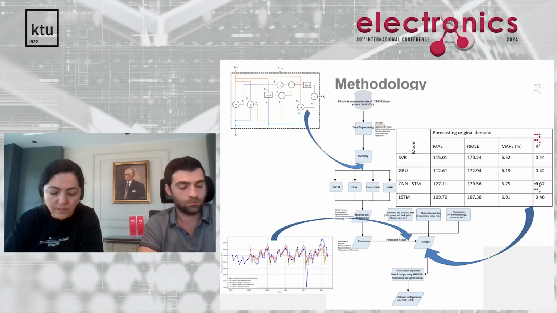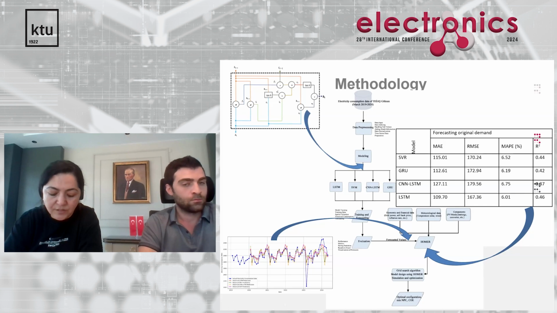In the light of these results, load forecasts made using the LSTM model were simulated using HOMER Pro software, resulting in the design of the most suitable hybrid energy system. HOMER software is capable of processing economic, financial, meteorologic data, and component data.